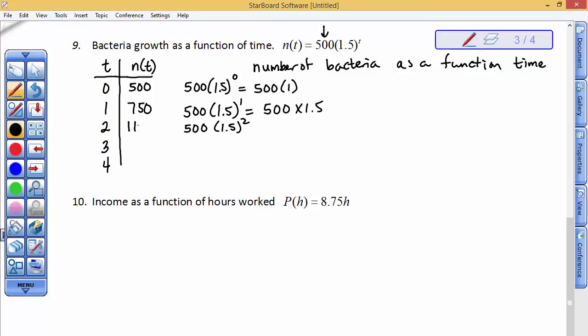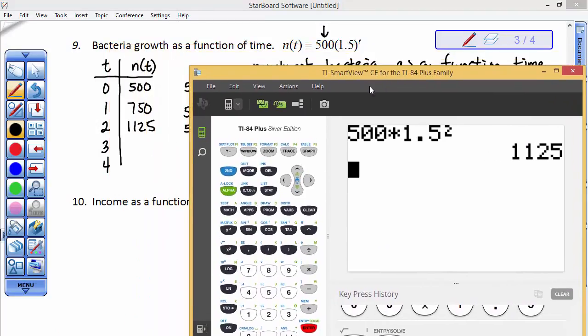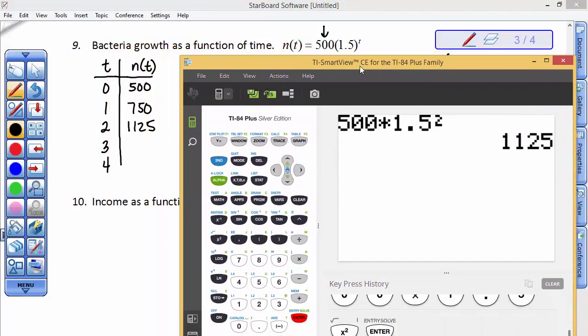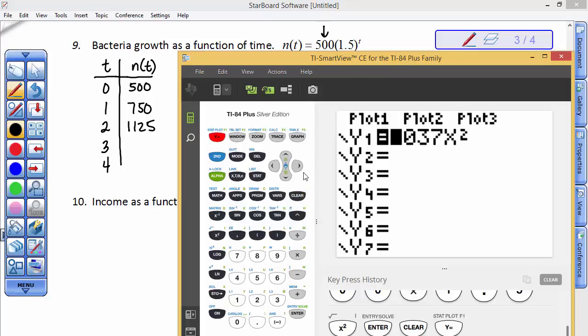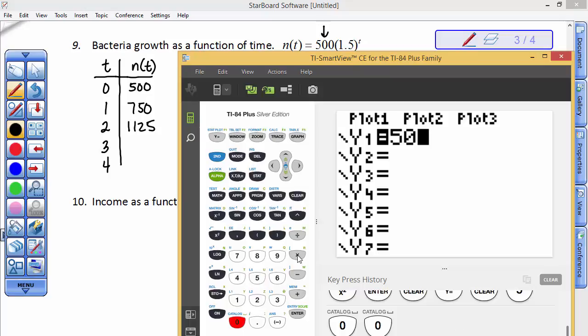And so we're evaluating this function for some input values. Please remember, I could have just gone to the calculator, right here, and I could have hit the y equals key, cleared the old function, and gone 500 times 1.5 to the x power.